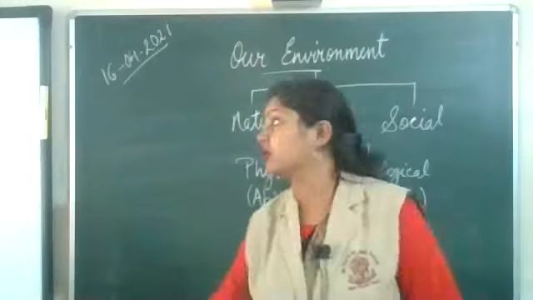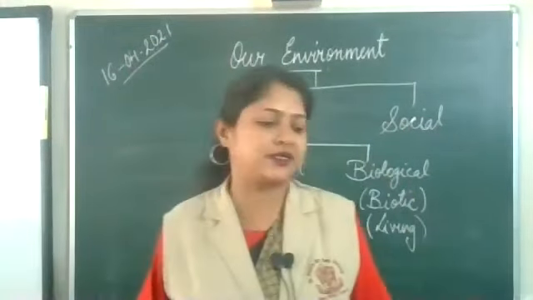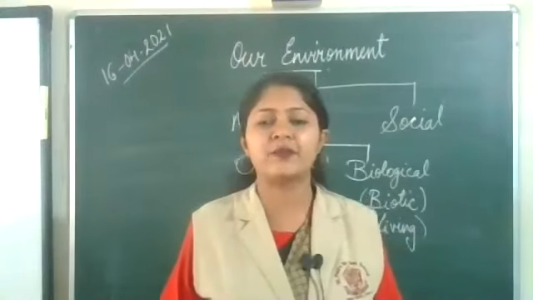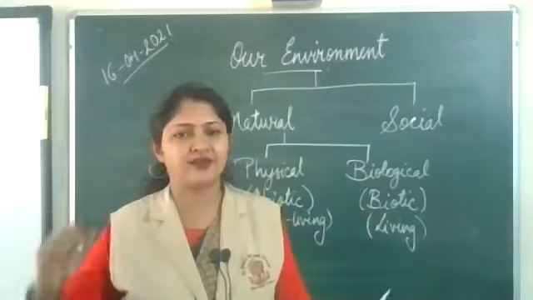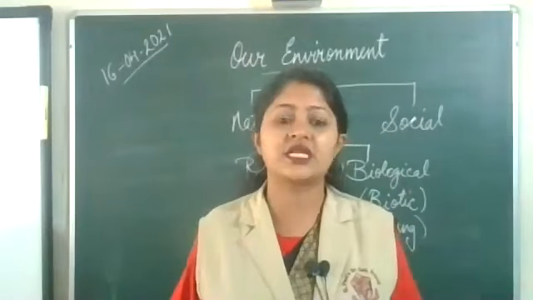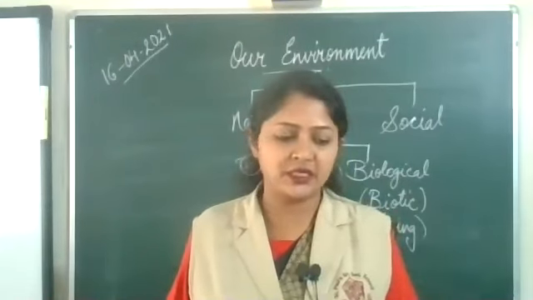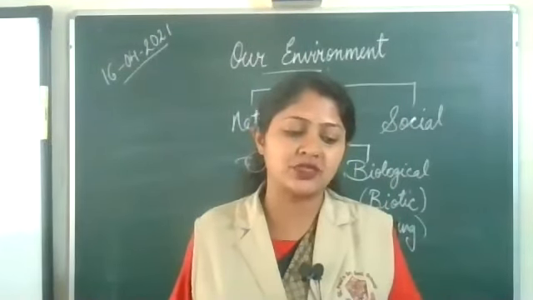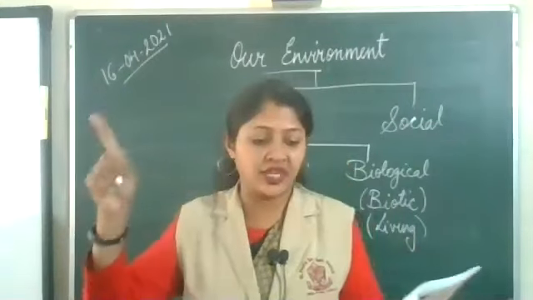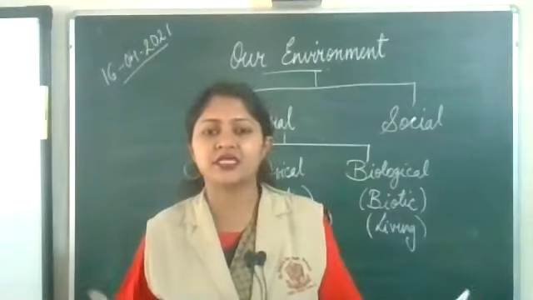Let's talk about the component of social environment. When we have divided our environment into 2 parts, social, yes, social animals. Okay, so let's learn about ourselves a little in detail. Man is also a part of the natural environment, but he is different from other animals since he can think and affect the environment by his activity.